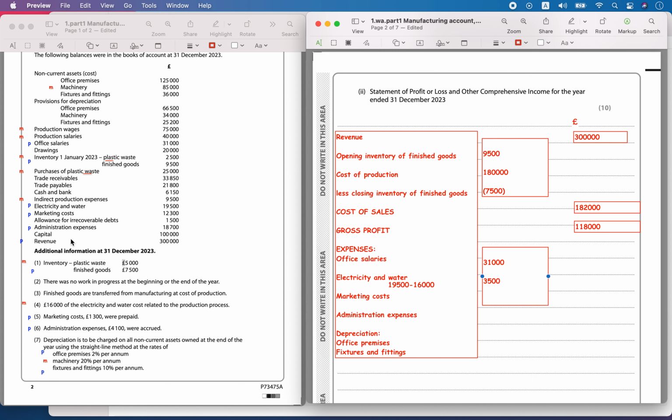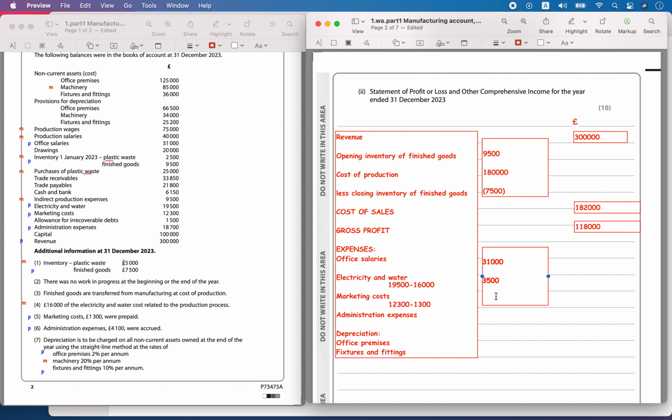Then you have the marketing costs. Marketing costs were around 12,300 and 1,300 was prepaid. So you have to subtract the prepaid, 12,300 minus 1,300.